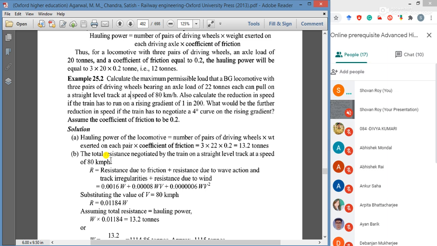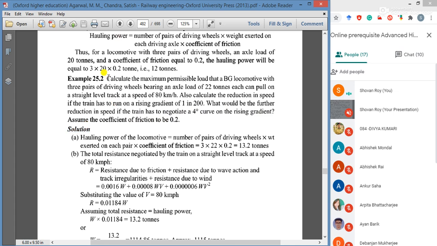Also calculate the reduction in speed if the train has to run on a rising gradient of 1 in 200. What would be the further reduction in speed if the train has to negotiate a 4-degree curve on the rising gradient? Assume the coefficient of friction to be 0.3. The coefficient of friction is already given. So let's see the solution.